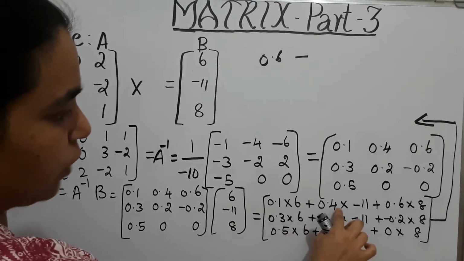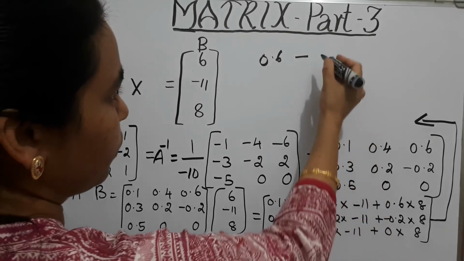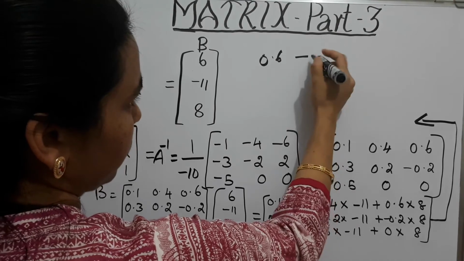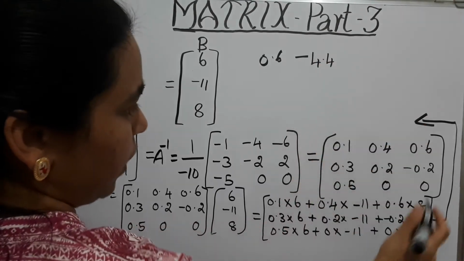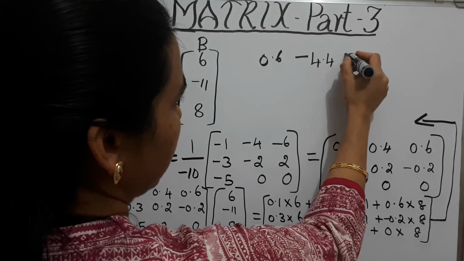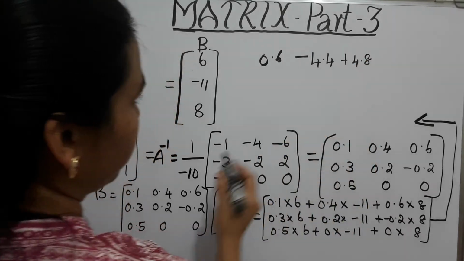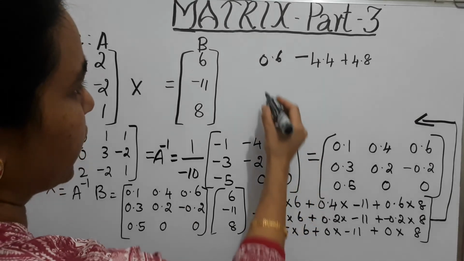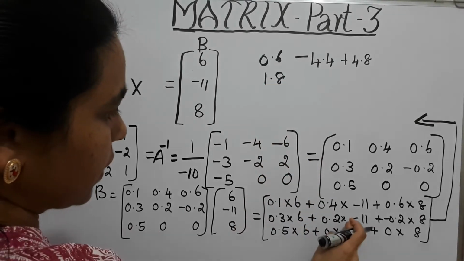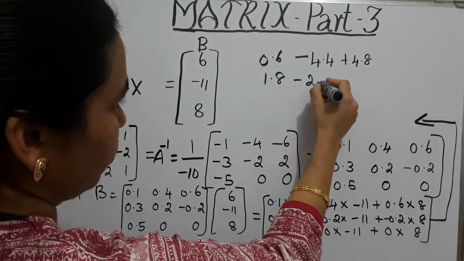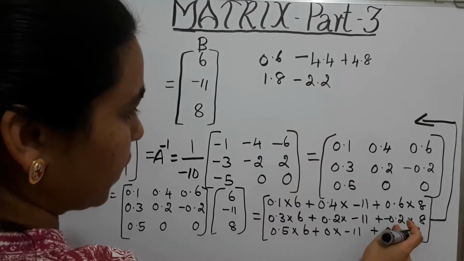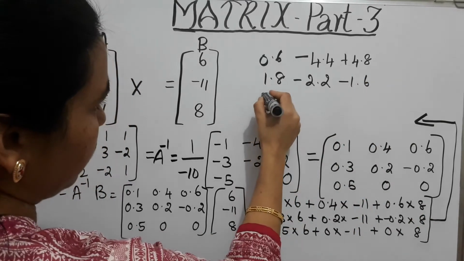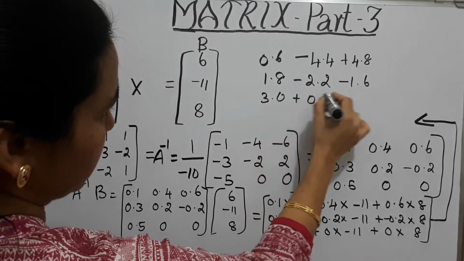Okay, 0.4, and 4 times 11 is 44, so you will get 4.4, and this is actually 4.8. Okay, and the next one is 6 times 3 is 18, so 1.8, and again this is minus, so minus 2.2, and this is again minus, so minus 1.6. The next one is 3.0, and then plus 0 plus 0.